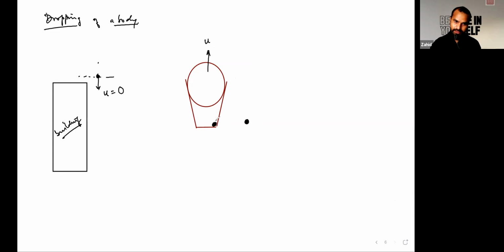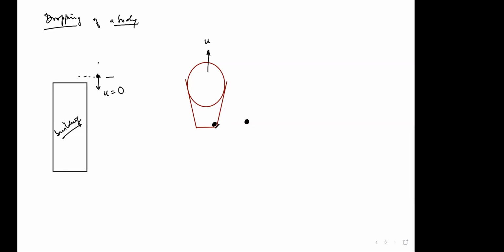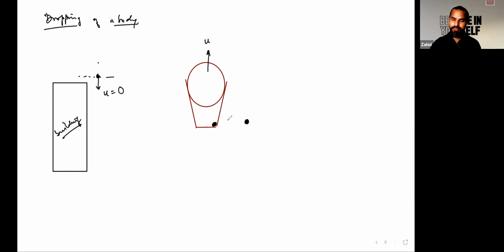So at this instant of time or position, this body would also have a velocity in the upward direction initially. On just dropping it into the surroundings, it must have a velocity u in the upward direction.